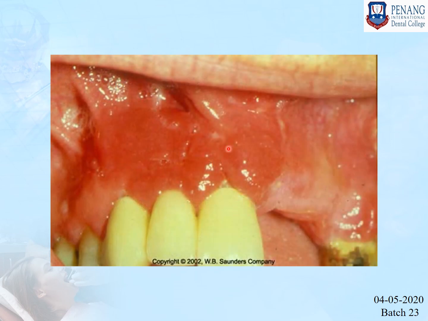So this is a clinical photograph. You can see here the area which is enlarged and inflamed, and you can see there is a clear demarcation line from the area which is not affected. This is the demarcation line.